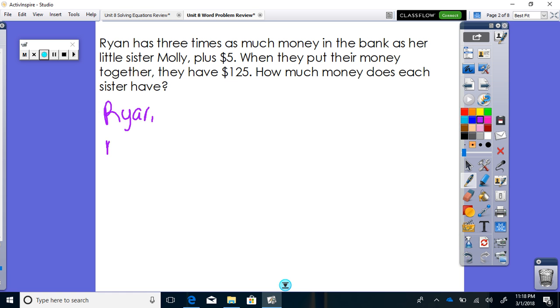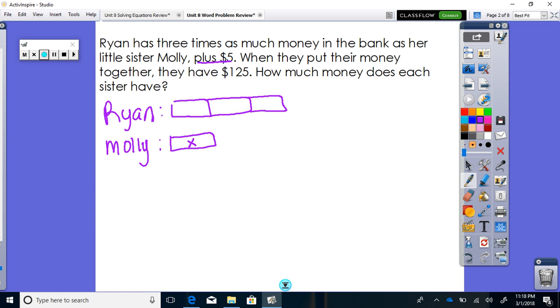So we have Ryan and Molly. Instead of who was younger, we have, since Ryan has 3 times as much money in the bank as his sister Molly plus $5, Molly has the least amount of money. So Molly becomes our original x variable. Then Ryan has 3 times that amount, so it's going to be 3 of those x's for 3 times that, plus he has $5 more.